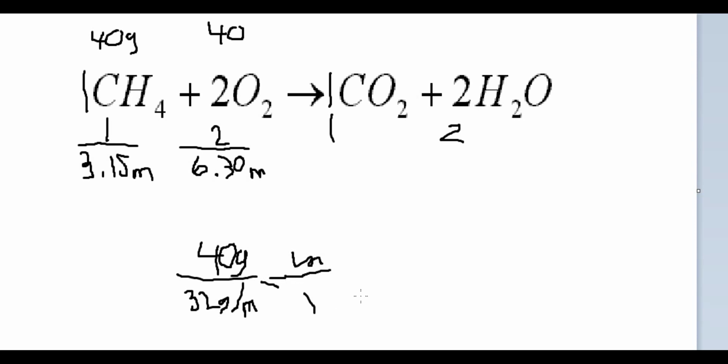Now, what this is going to do for us is compute the amount of moles we have. In an ideal equation, we should have 6.30 moles, but we only have 40 grams. We don't know if that's going to be less than what we need or more. So let's check.